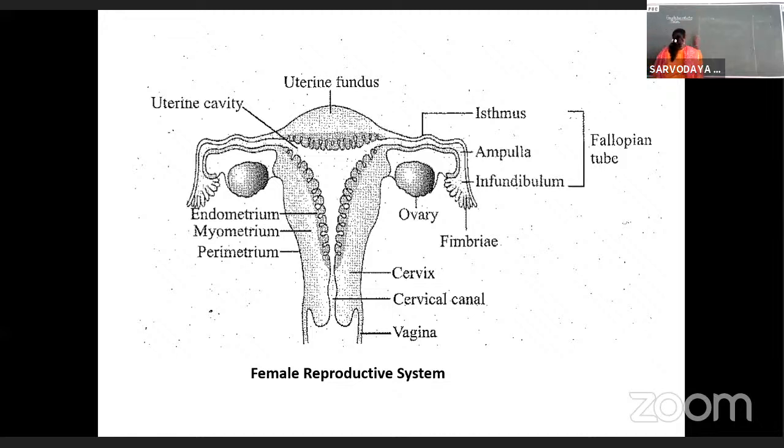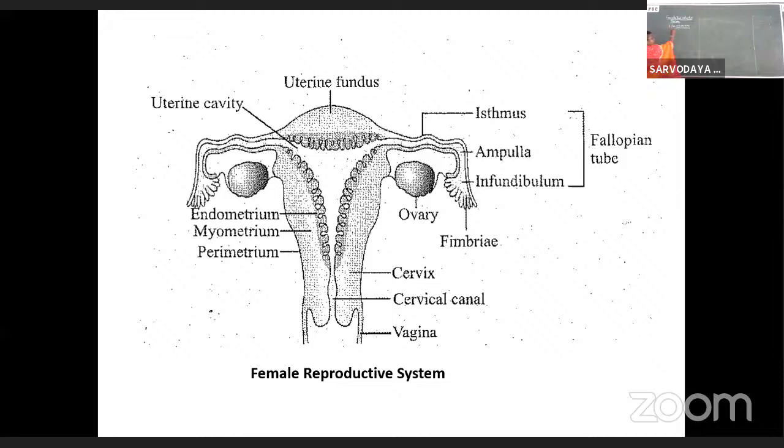So what is the first part we will study about? We are going to study about what is known as the pair of ovaries. Now let us look into what are the features we observe. So where are the ovaries located? Just like the testis. Of course, we know that testis is present outside the abdominal cavity.